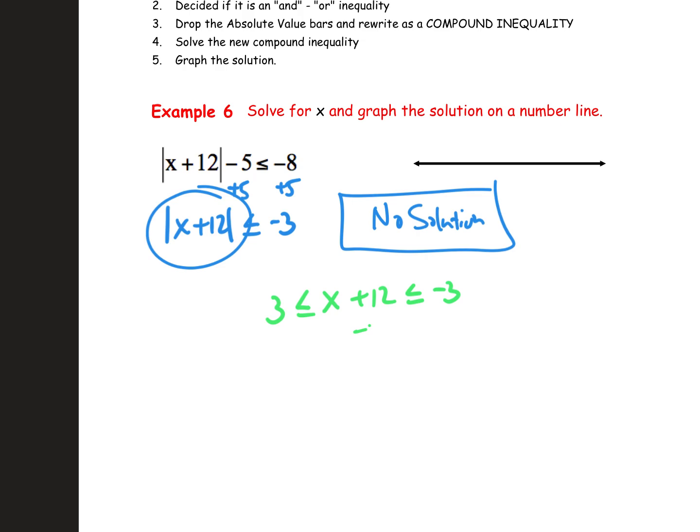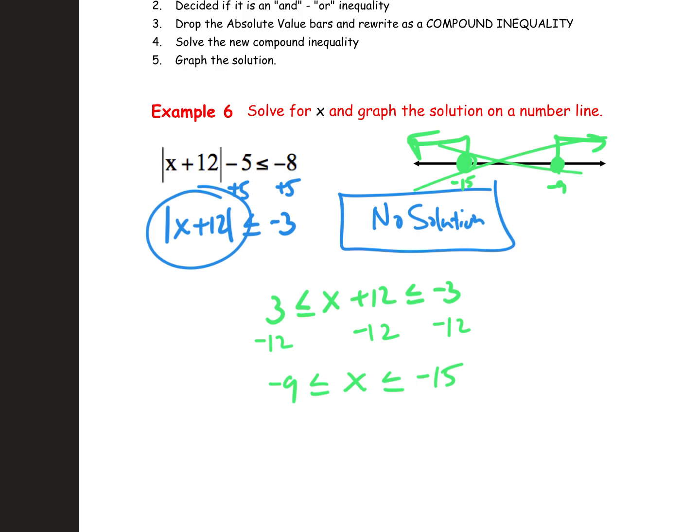If you went through and solved this problem, you would get x less than or equal to negative 15, and x greater than or equal to negative 9. This is an and, though. I'm trying to look for where this graph got shaded in twice, and apparently that didn't happen on my graph. That's why there's no solution.